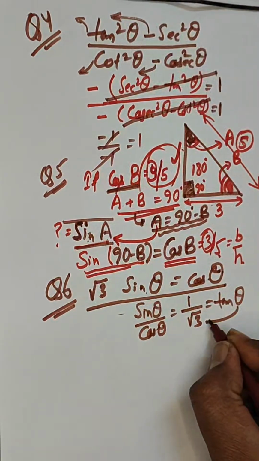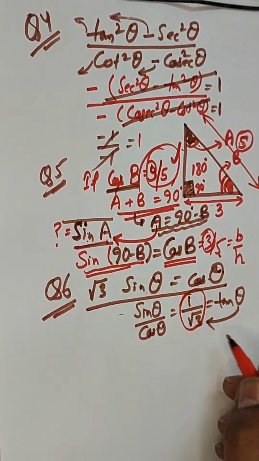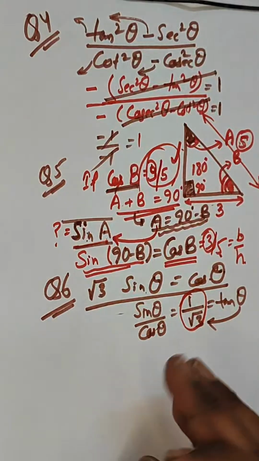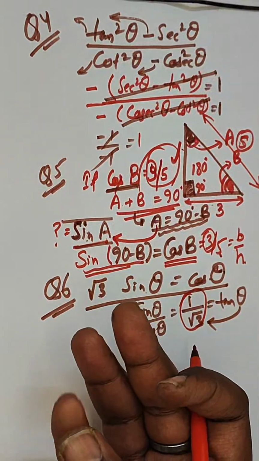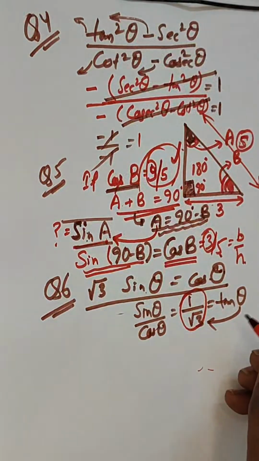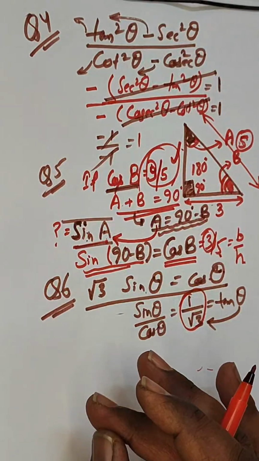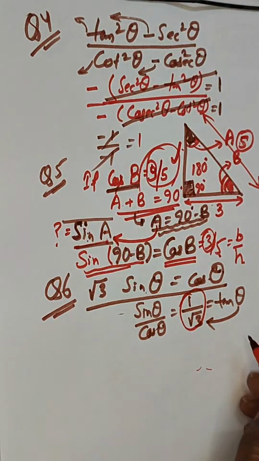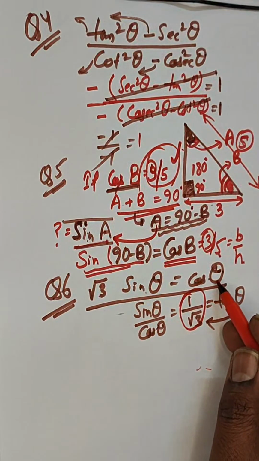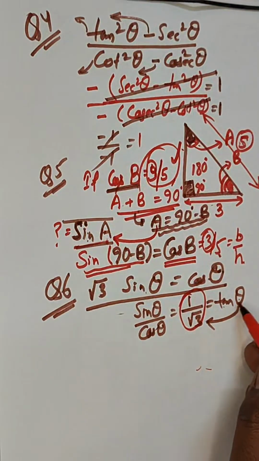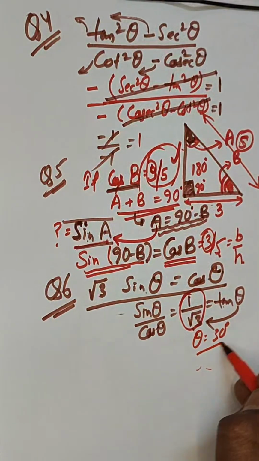As I said, you need to remember the five values for 0, 30, 45, 60 and 90. If you remember these five values for sine, you remember all values of sine, cos, sec, cosec, cot, tan, everything. So tan theta is 1 by root 3, and it's given in the question that theta is acute, so definitely you know the value of tan 30 degree is 1 by root 3. So theta can be said as 30 degree, being an acute angle.